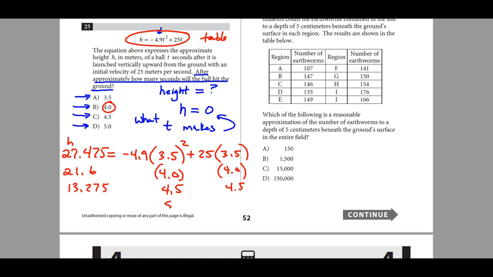And then if you punch in 5.0, you actually get a value of 2.5. So none of these came out to be perfectly at 0. But 5 was really close. 5 is the best answer there is up there. So if you were just plugging in numbers, the best choice there is 5. So that's a way to kind of use the answers to plug them in.